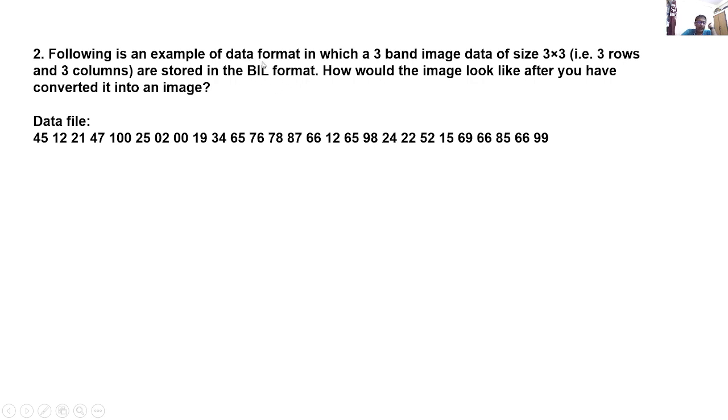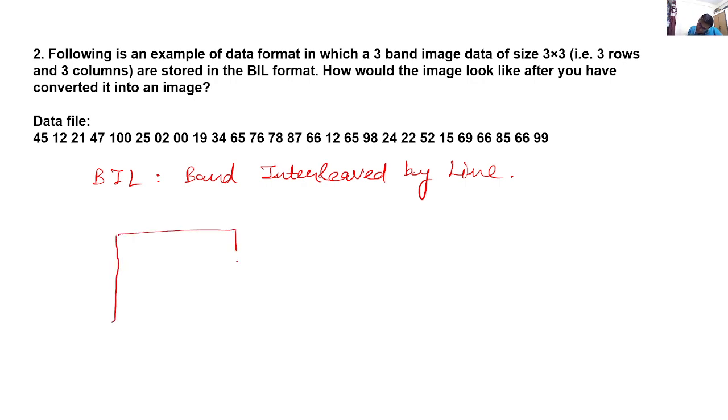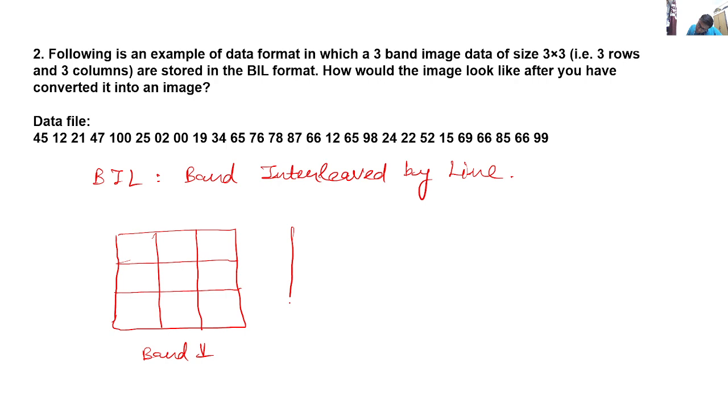which is band interleaved by line. So let's try it out. BIL is something you have already studied in the earlier weeks. We want to store it in a 3-band image of size 3 by 3 each. So let us suppose this is the first band of size 3 by 3, band 1.